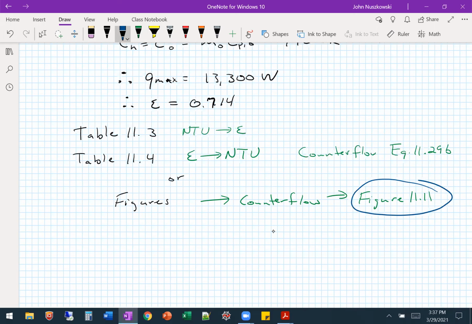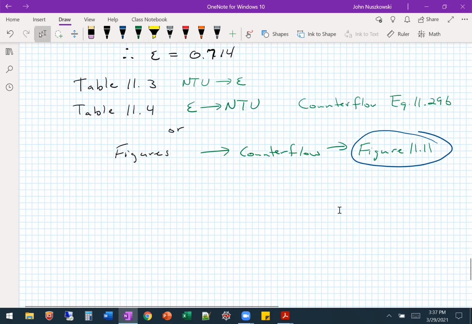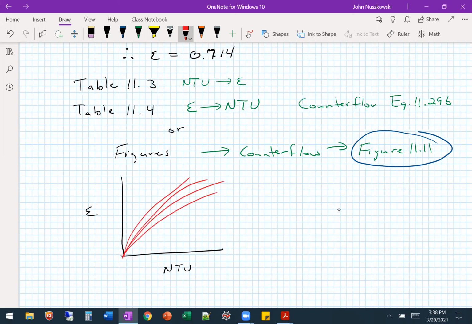And if we look at this figure, it basically gives us NTU as our x-axis, effectiveness as our y-axis, and then we get a few lines here. Okay, and they are labeled as the minimum heat capacity rate over the max.